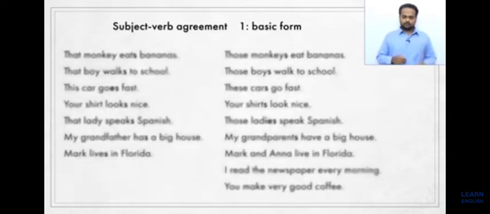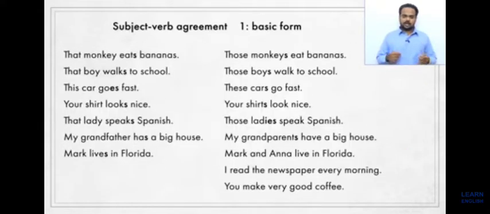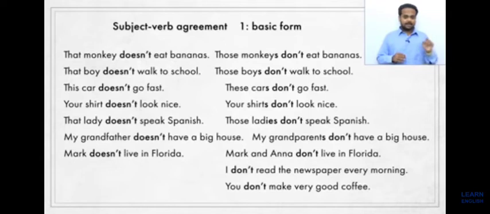Let's get back to the full sentences. I've added our two new sentences with I and you at the bottom. The basic subject-verb agreement rule, singular verb for singular subject and plural verb for plural subject, also applies to negative forms. We say, that monkey does not eat bananas or doesn't eat bananas.